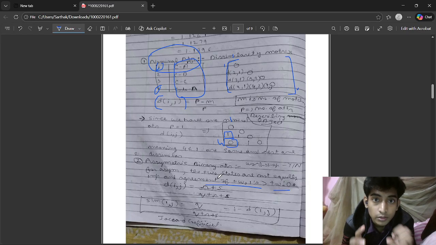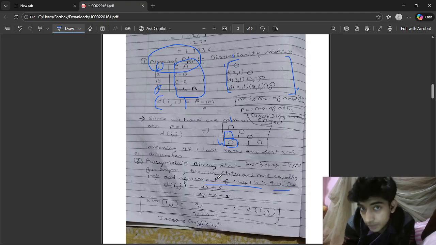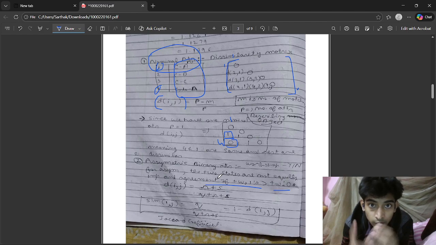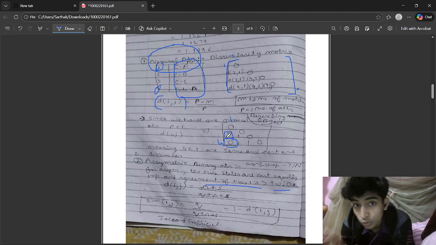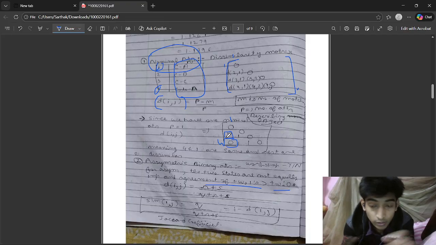For example, there is a case where we are representing theft case and criminal case. If it is a theft case, it is 1. If it is a criminal case, it is 1, and so on. So if it is both a theft case and a criminal case, it has two ones. So the importance of two ones is more than having none of them.